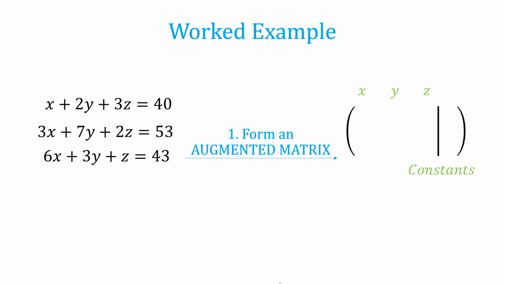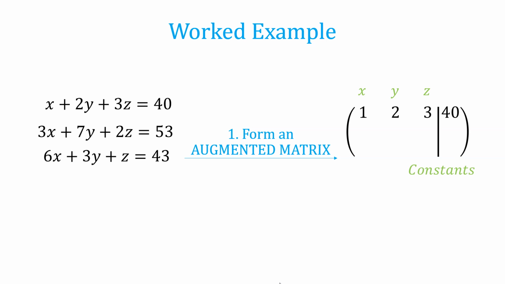In the x position, row 1 column 1, we've got 1x, so we'll put a 1. In the same equation we have 2y, so in row 1 column 2, let's put our 2, and we have 3z, so let's put 3 in the z column. And for the constant we've got 40.